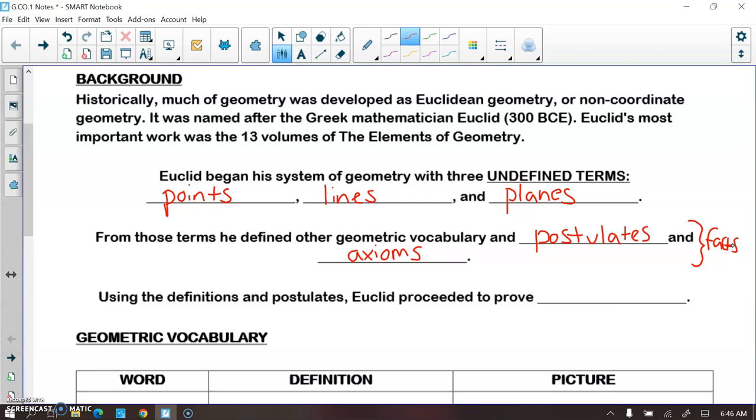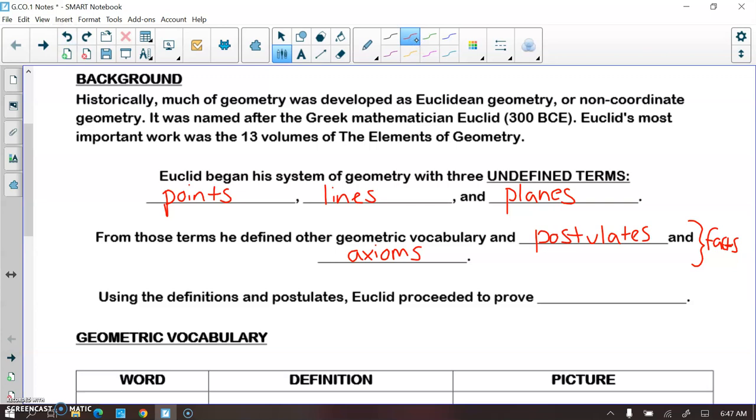These are things that would not need to be proved. For example, a postulate could be something like this. I have 2 points, and I know that there's only one line that could connect those 2 points together. That would be an example of a mathematical fact.